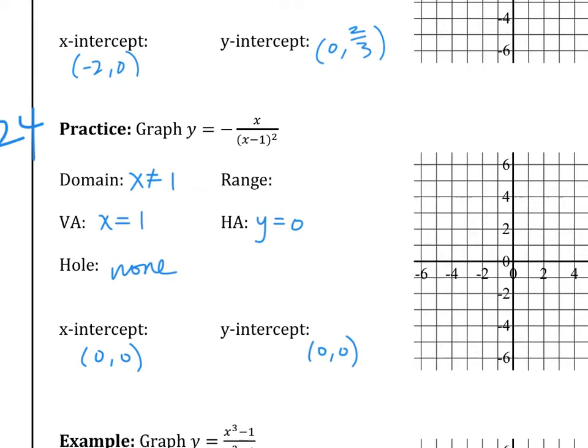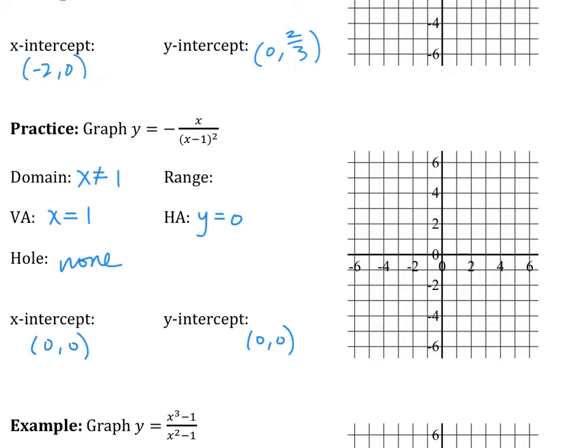So it's going to be a little strange graph, but let's go ahead and put everything we know on there. Okay, x equals 1. Well, if you recall from chapter 5, you might say multiplicity 2, but in this case, it doesn't really matter. The multiplicity doesn't matter in the asymptote format.